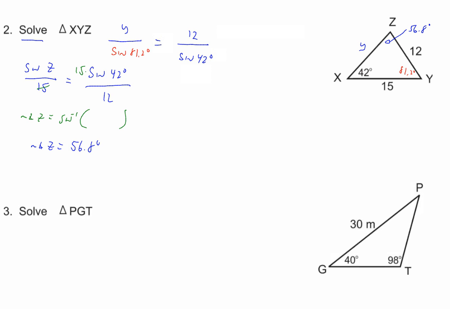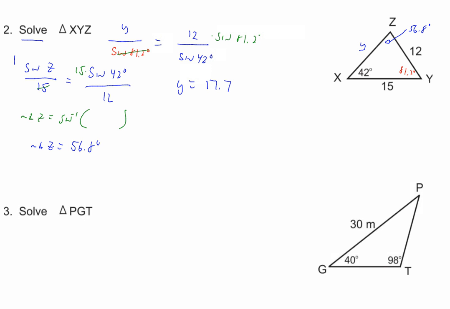It's safer. I know those are true values. So again, things on the bottom go to the top across the equal sign. You can do Y equals 12 times the sine of 81.2 divided by the sine of 42. You punch that out and you end up with Y being 17.7.